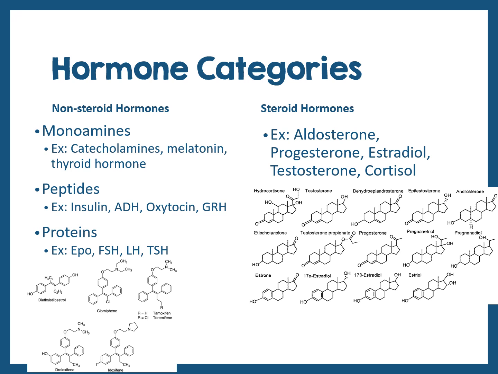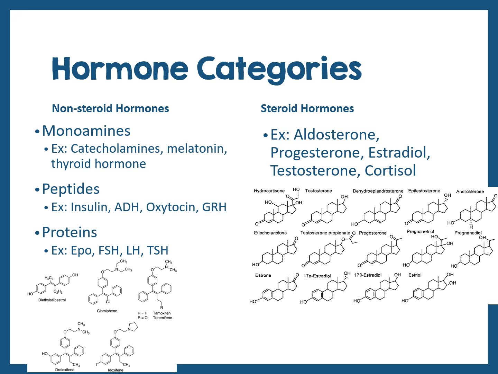So the two main categories of hormones are the non-steroid hormones and the steroid hormones. Non-steroid hormones are going to be water soluble, and there are three subcategories. We have monoamines, which include catecholamines, melatonin, and the thyroid hormone, while peptides include insulin, antidiuretic hormone, oxytocin, and gonadotrophin, and proteins.